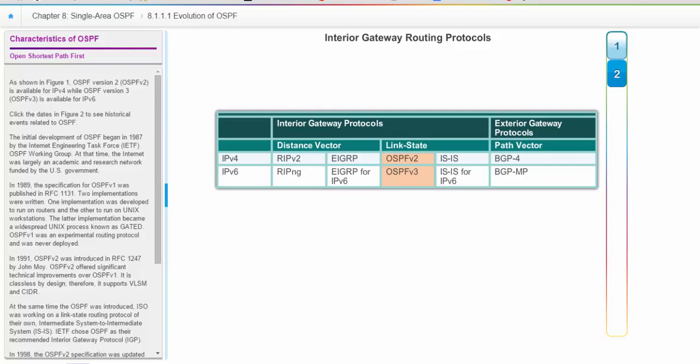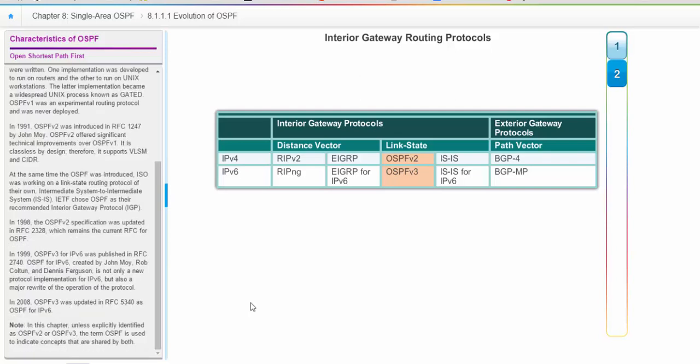And again, they are both interior gateway protocols, and they are link state protocols. Also, while I'm referring to OSPF, if I do not state version 2 or version 3, I am going to be talking about the properties that both versions have in common.